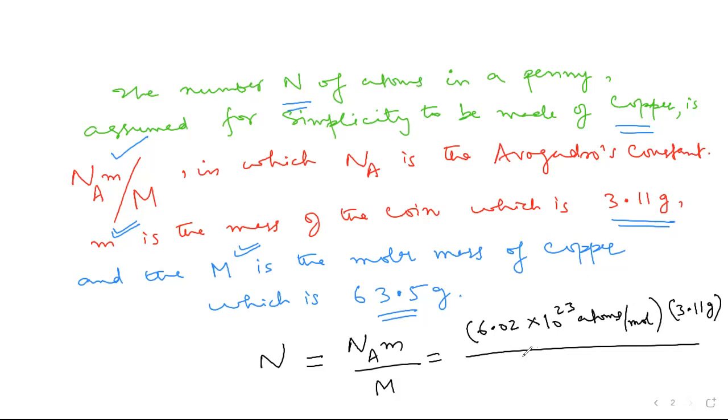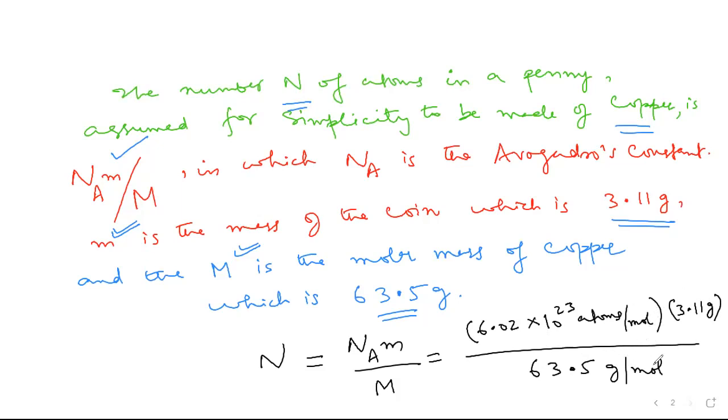Then you divide by capital M, which is 63.5 grams per mole.